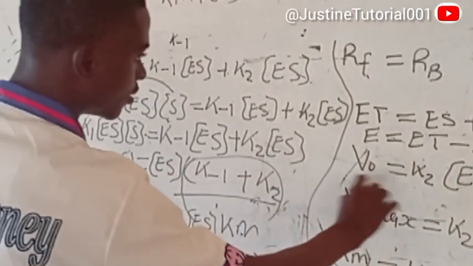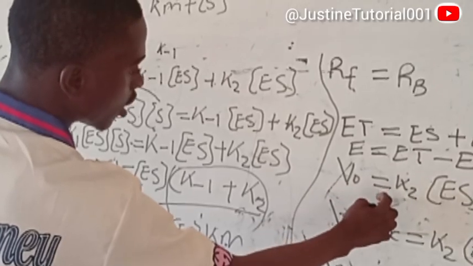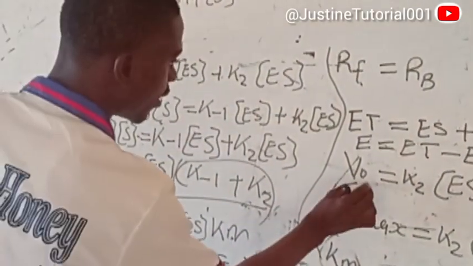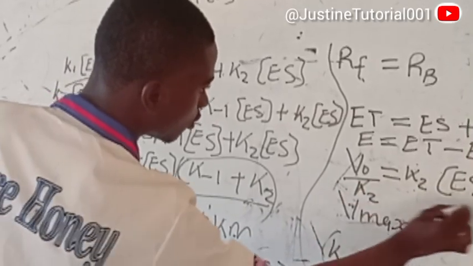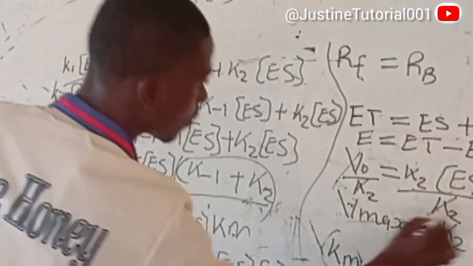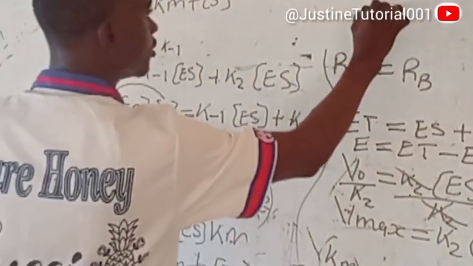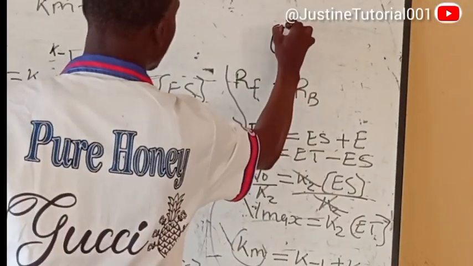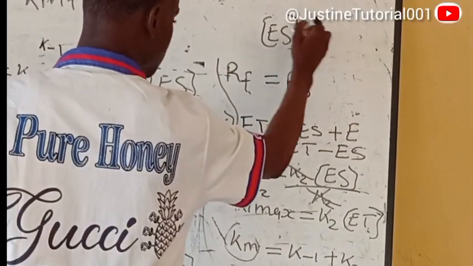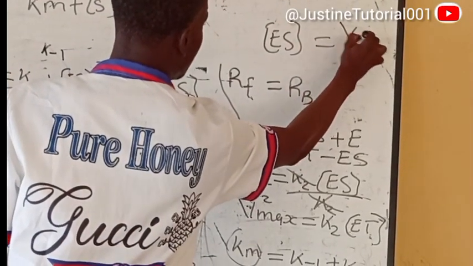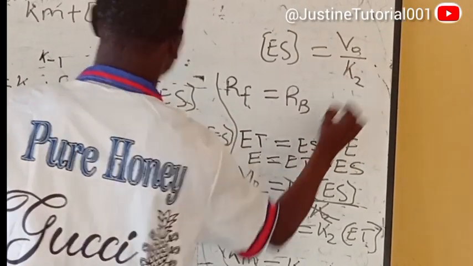There are some derivatives that say your initial velocity is equal to K2 times your enzyme-substrate complex. When you divide both sides by K2, this will cancel this, and your ES becomes V naught all over K2.